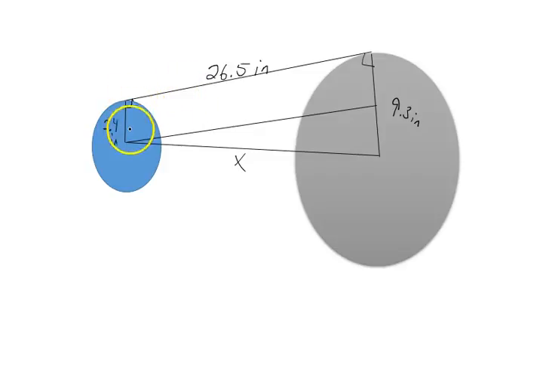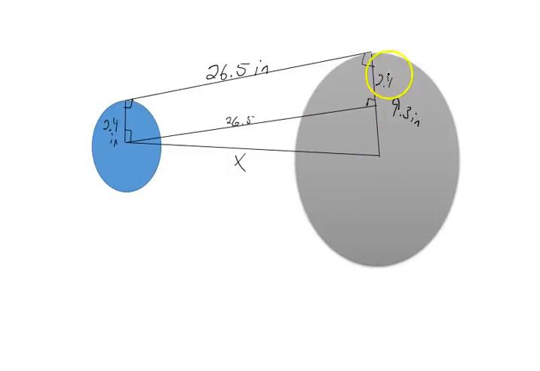For example, I know if that's 90 degrees, that's 90 degrees, and that's 90 degrees. If this is 26.5, this is 26.5. If this side is 2.4, this side is 2.4. And so I can find lots of information now.